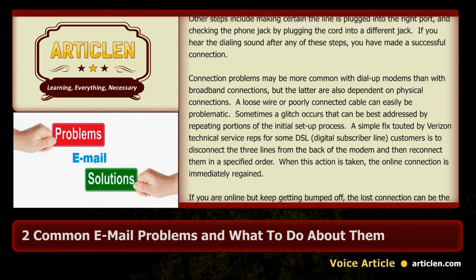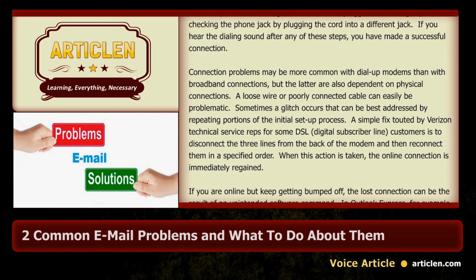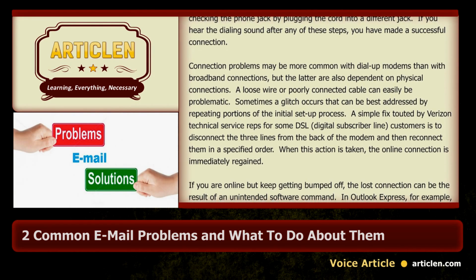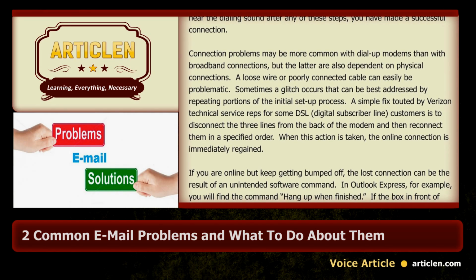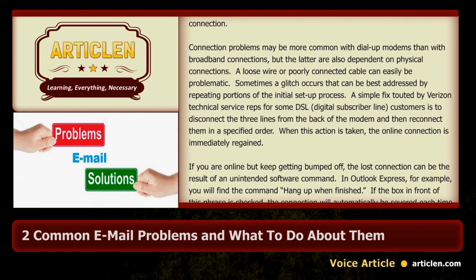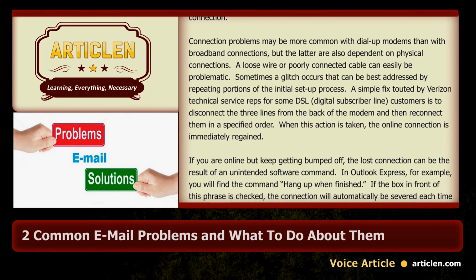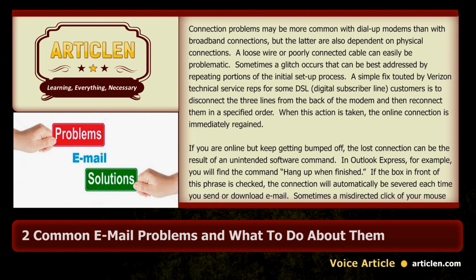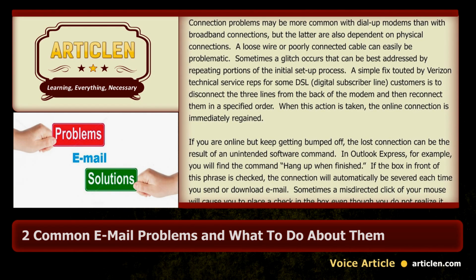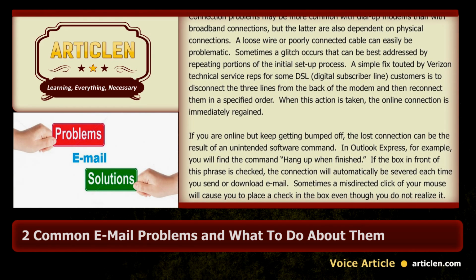A simple fix touted by Verizon technical service reps for some DSL, digital subscriber line, customers is to disconnect the 3 lines from the back of the modem and then reconnect them in a specified order. When this action is taken, the online connection is immediately regained.